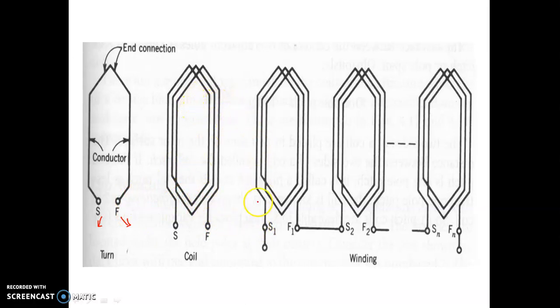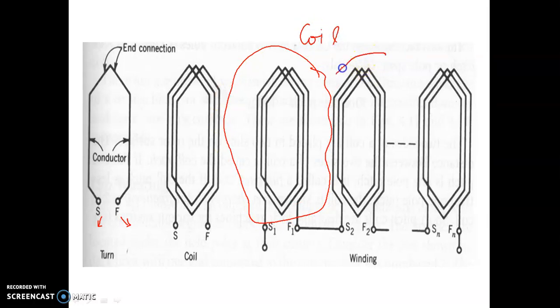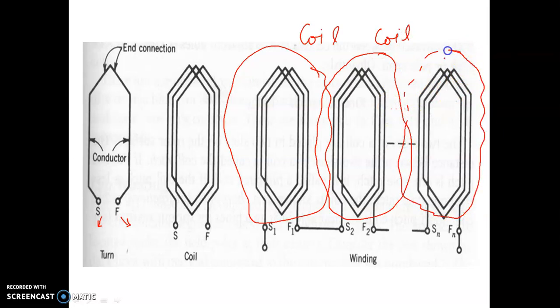In the same way, here you see this is one coil, this is another coil, this is another coil, and there are so many other coils, and this is the final coil. All are connected in series. This final point is connected to the starting point.